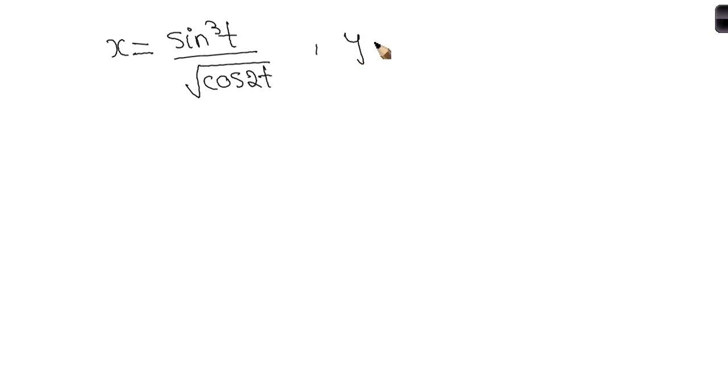So the question was, find the derivative of the function which is of the form x is equal to sin cube t upon root cos 2t and y is equal to cos cube t upon root cos 2t.